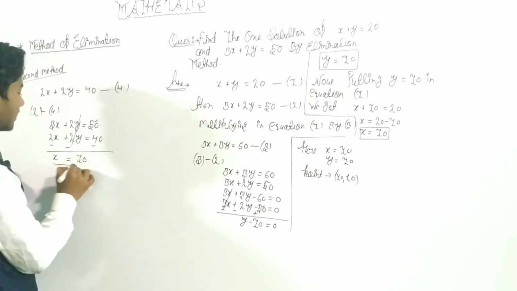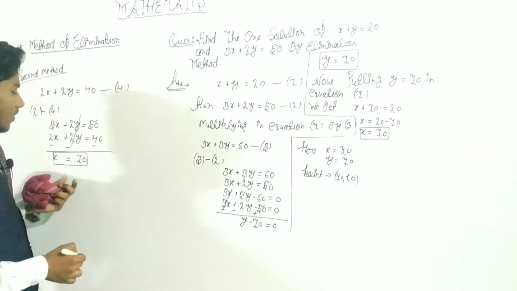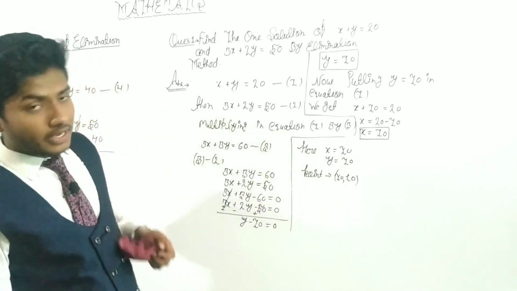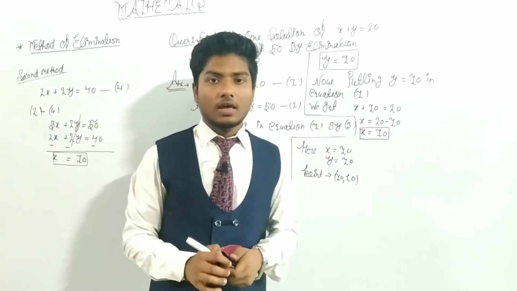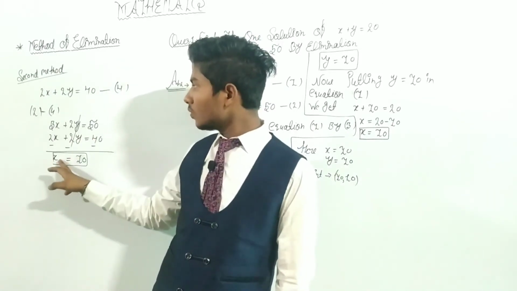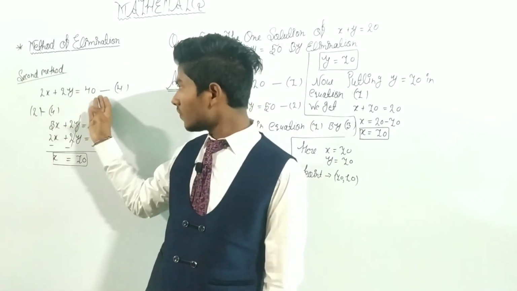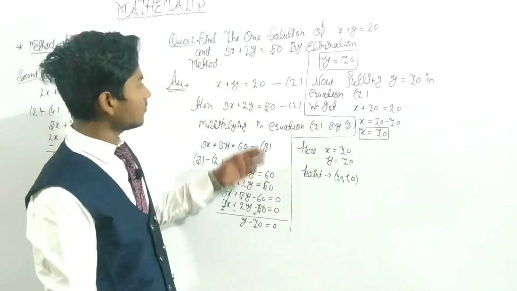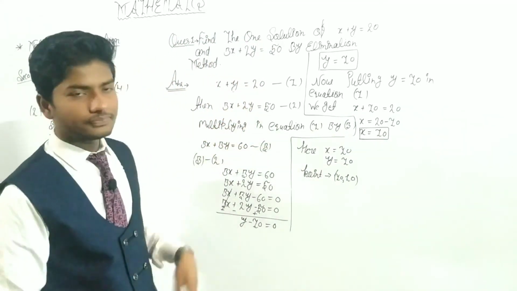So x is equal to 10. We get the value of one variable, x. To find the second variable, we put this value in equation 4 or equation 2.